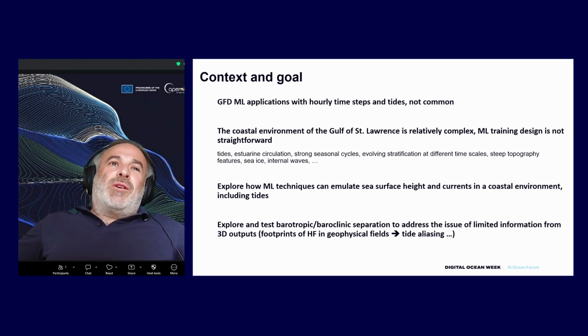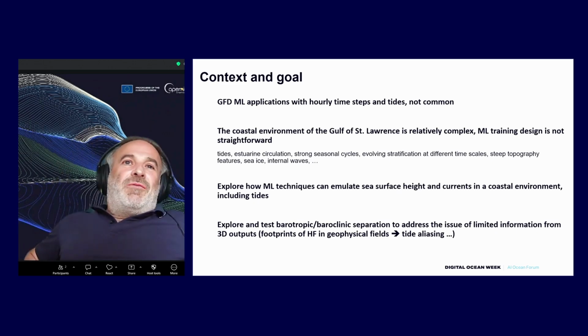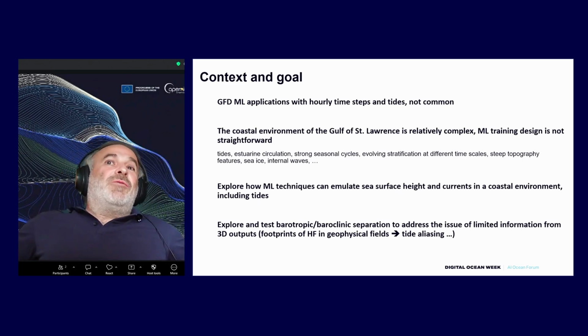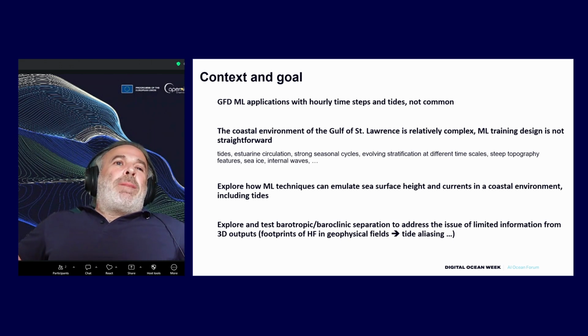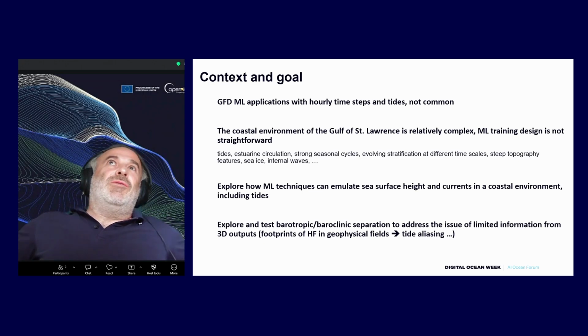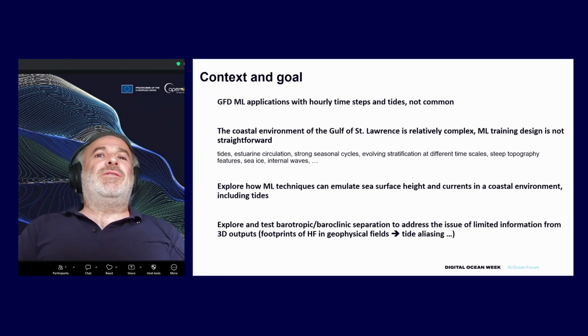We have steep topography, sea ice, internal waves. So all of these features will affect the surface current in particular. So I'm exploring how machine learning can emulate sea surface height first and currents, including the tides. And I'm also exploring how to separate the surface current into barotropic, baroclinic to help the machine learning training.